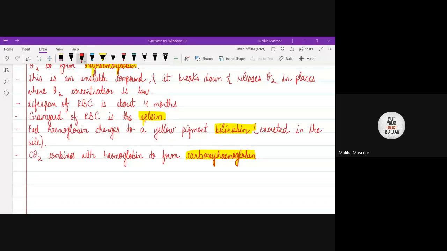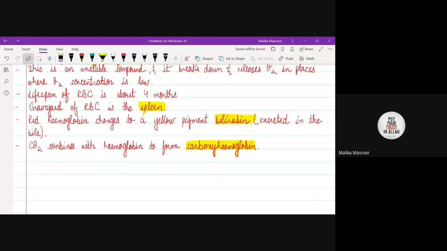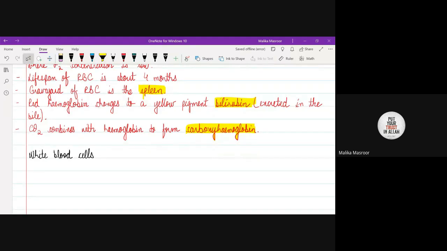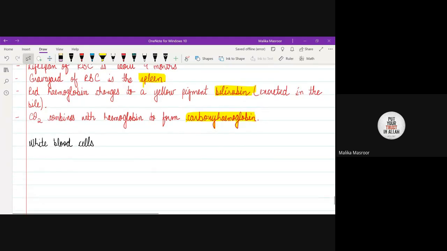Okay, let's talk about WBCs. We're going to talk about them in detail in your immunity chapter. There are two types: phagocytes and lymphocytes that produce antibodies. Lymphocytes produce antibodies.